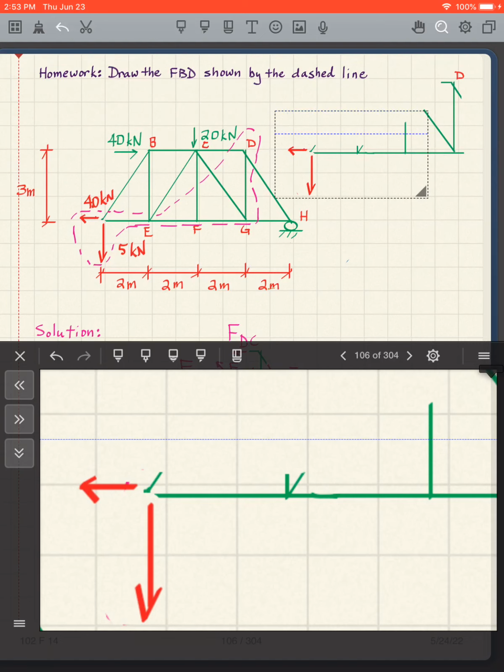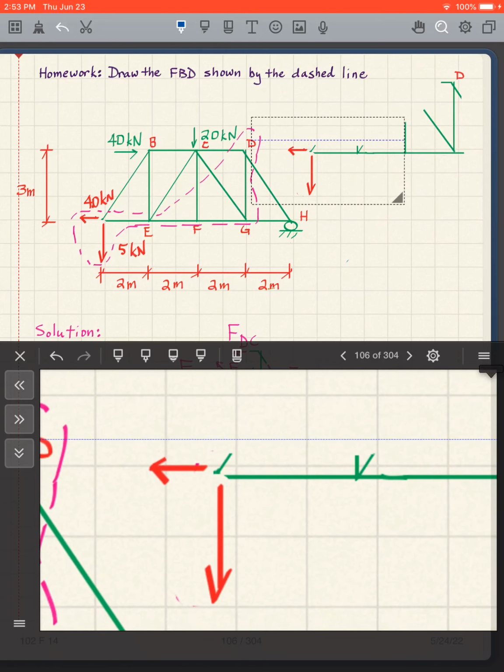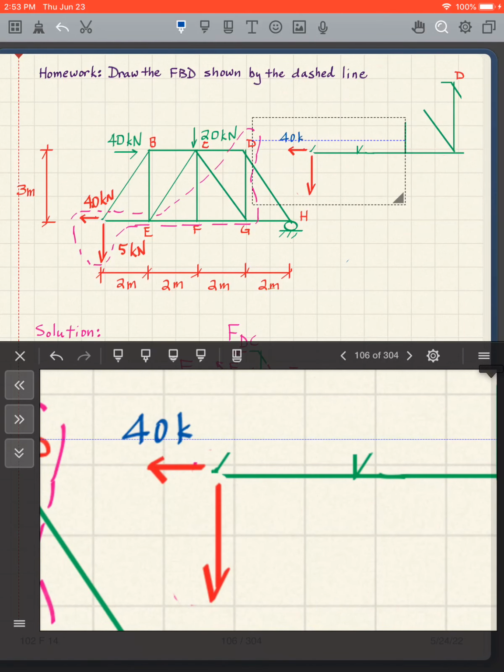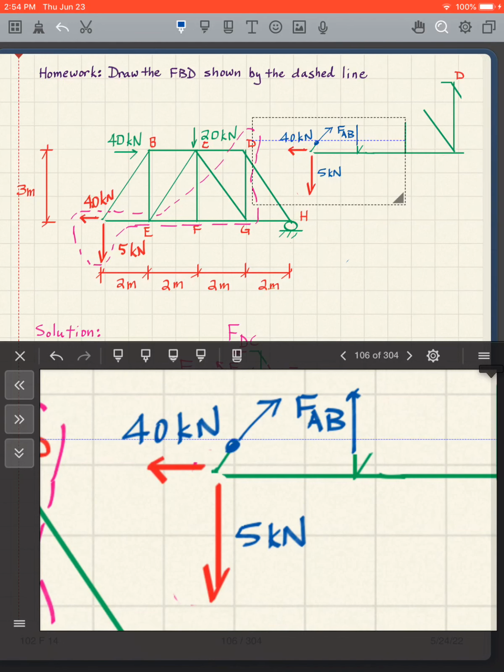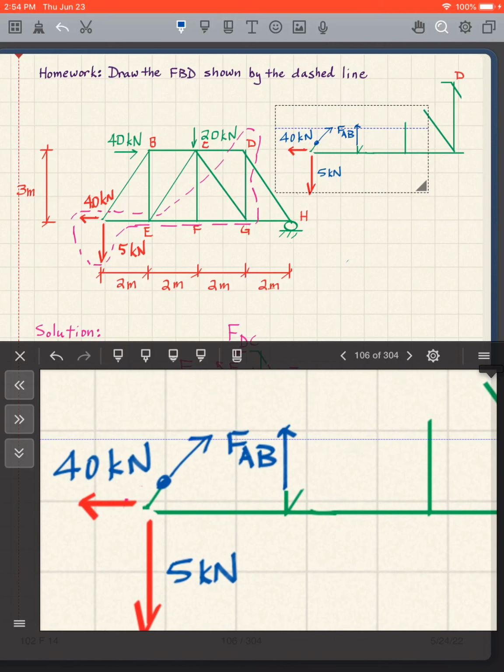Now I'm going to see where I made cuts. Let me get a different color here. Where did I make my cuts? Let me just label this. This is 40 kilonewtons, so I have to keep the forces. I cannot cut around the forces. But notice I made a cut right there, so I have to put an FAB there. I made a cut here, so that's going to be an FBE. It could be FEB, doesn't matter.